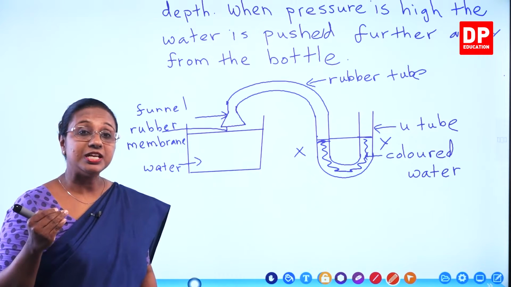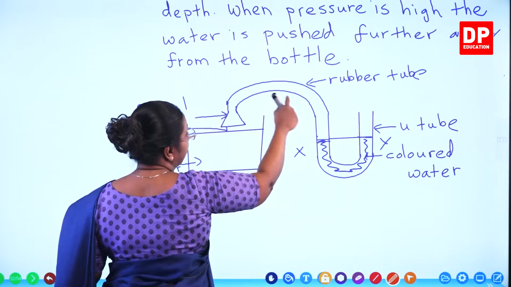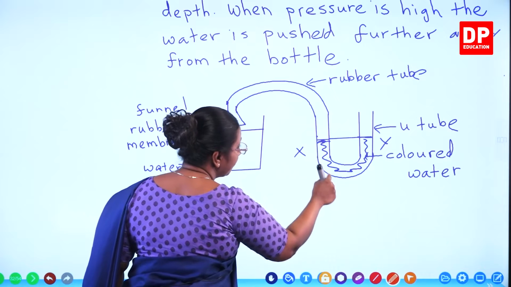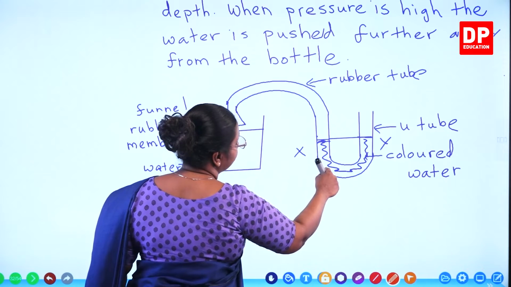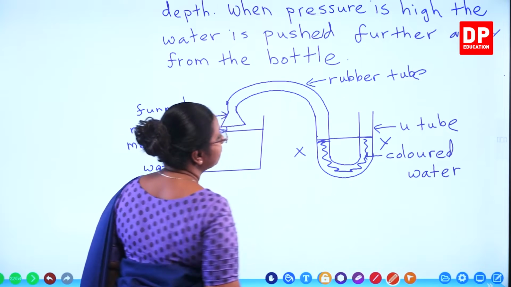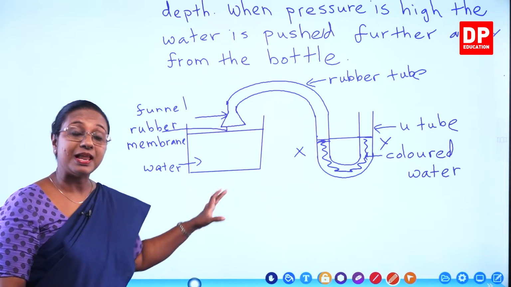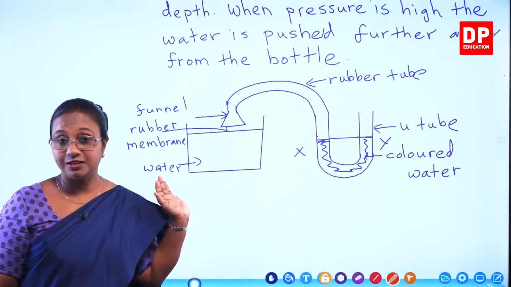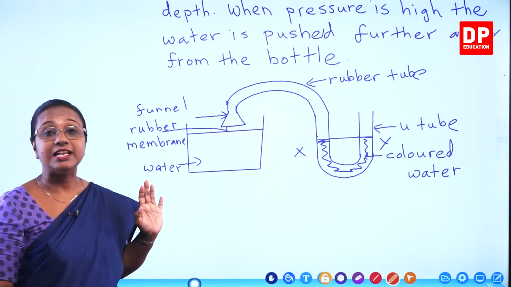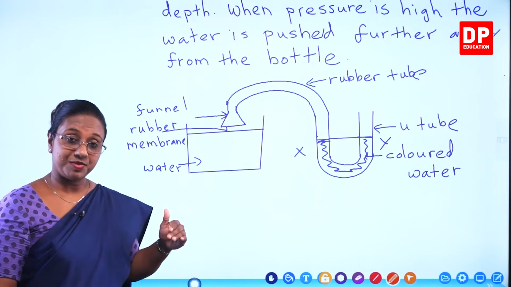When the pressure increases, that pressure pushes the air through this, and that in turn pushes the water column down. So on this side X the water level will decrease, and in Y the water level will increase. This is not as simple an activity as the previous one, but you can use this activity also to show that the pressure increases with increase in depth.